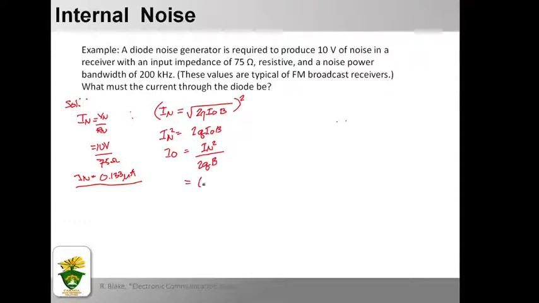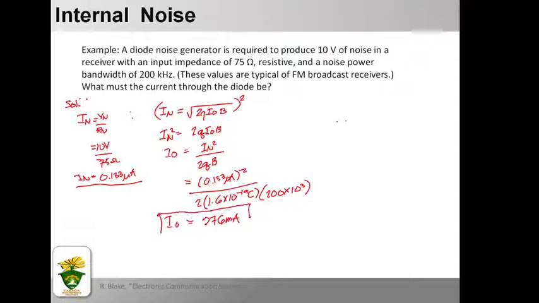So IN is 0.133 microampere squared, 2 times Q is equal to 1.6 times 10 to the power of negative 19 coulomb, times the bandwidth, which is 200 kilohertz. Solving for IO, we have 276 milliampere. So that is our value.